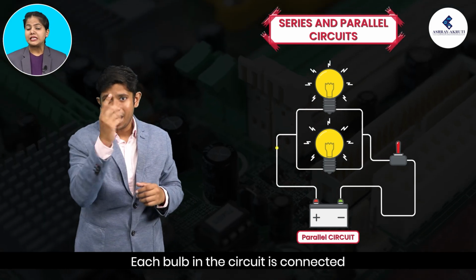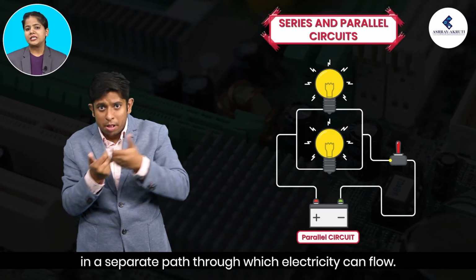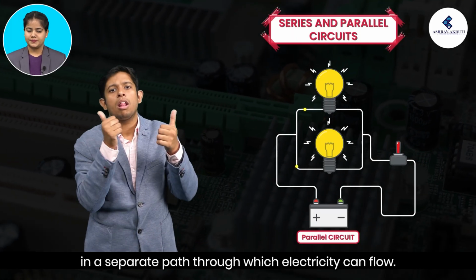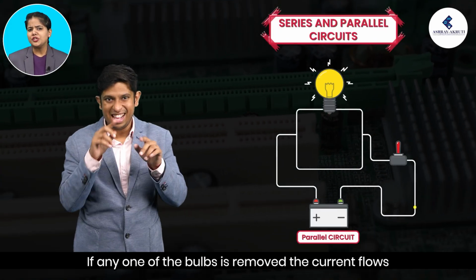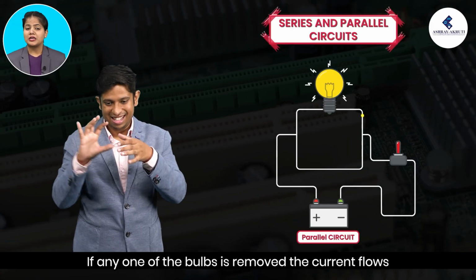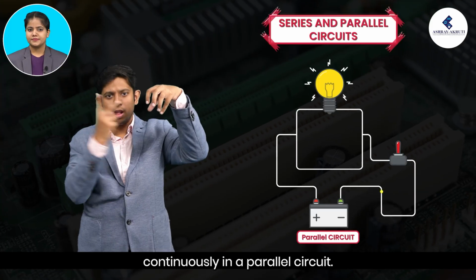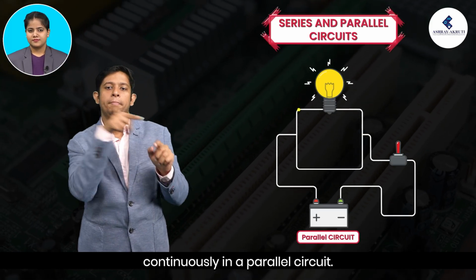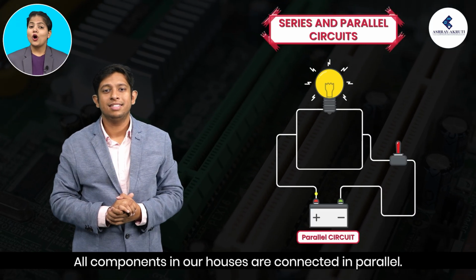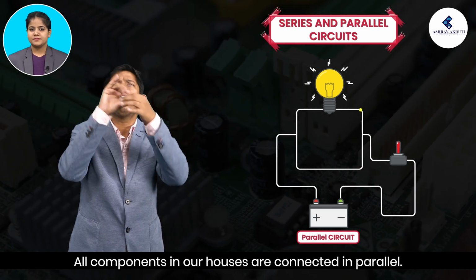Each bulb in the circuit is connected in a separate path through which electricity can flow. If any one of the bulbs is removed, the current flows continuously in a parallel circuit. All components in our houses are connected in parallel.